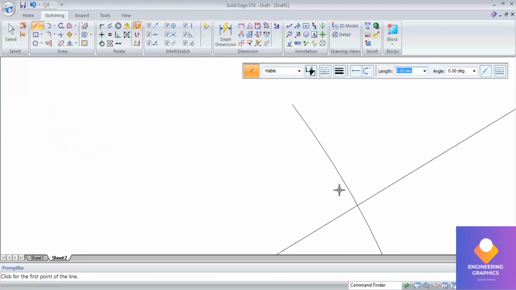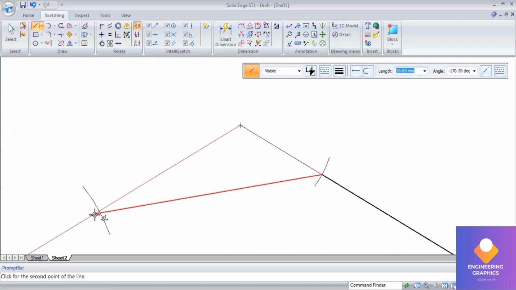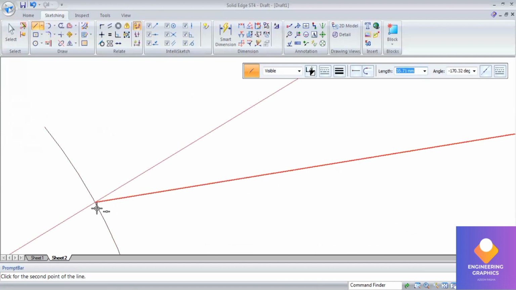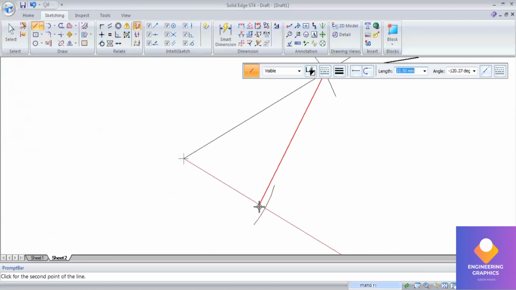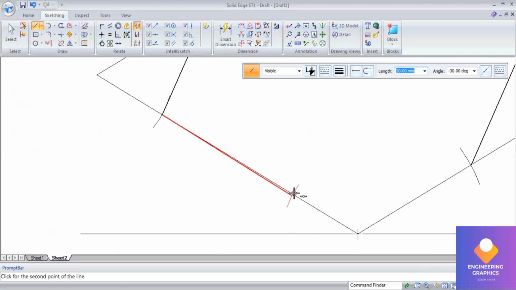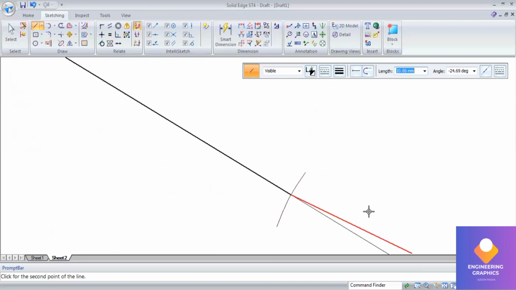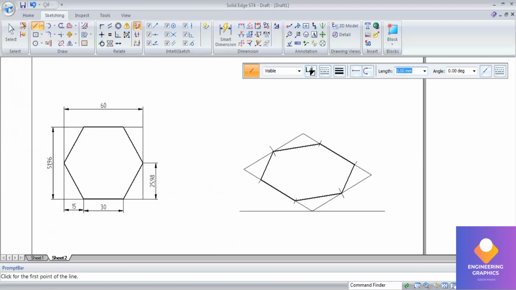Now connect all these points. Okay, that completes the bottom of the hexagon.